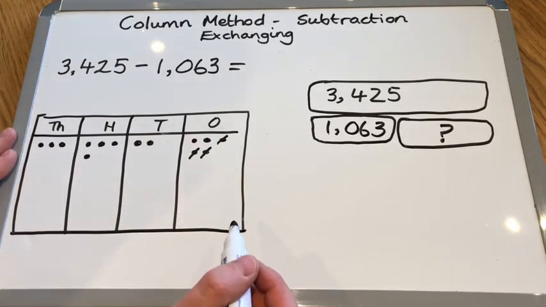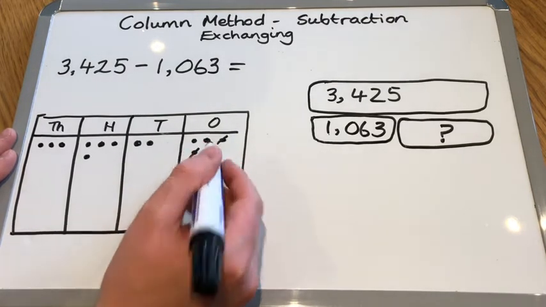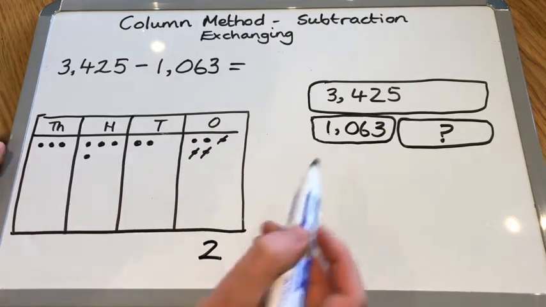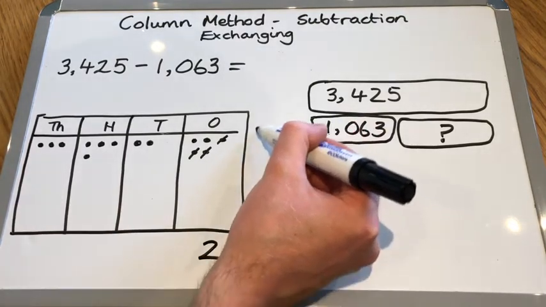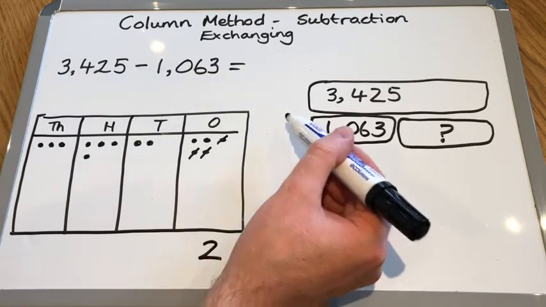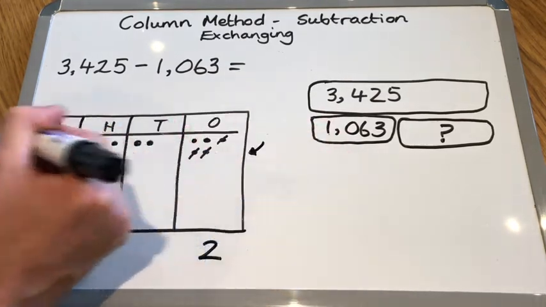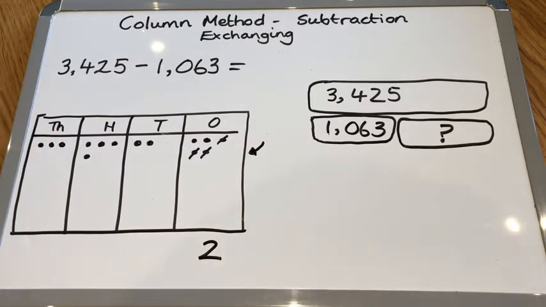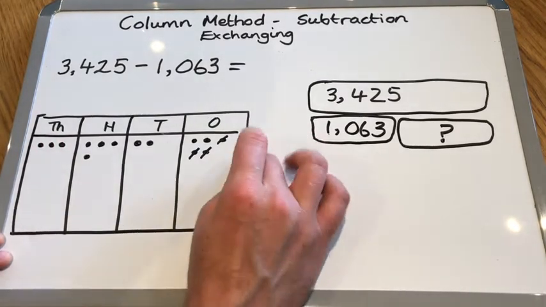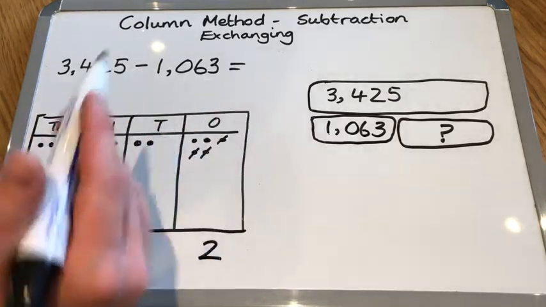So that is going to be 5 minus 3, take away 3, they're gone now, to leave 2. Now, have you noticed we've started at the smallest value? Remember, we always do that when we're using column method and move up, and that's all to do with exchanging. So now we're ready to move to the tens column to solve.